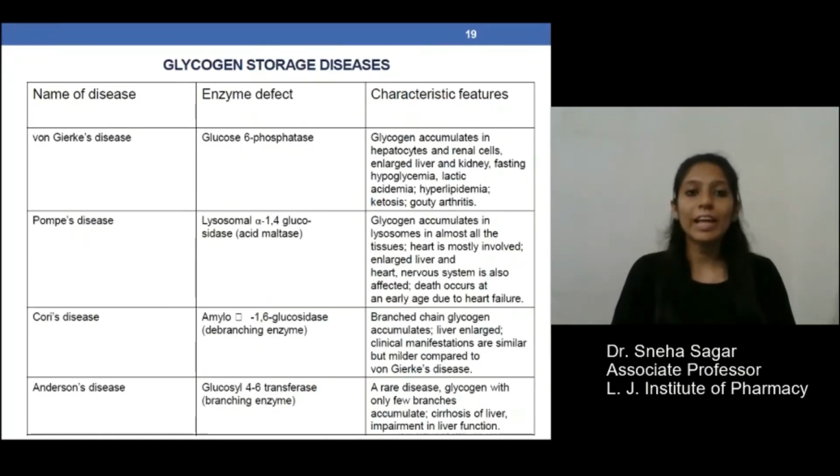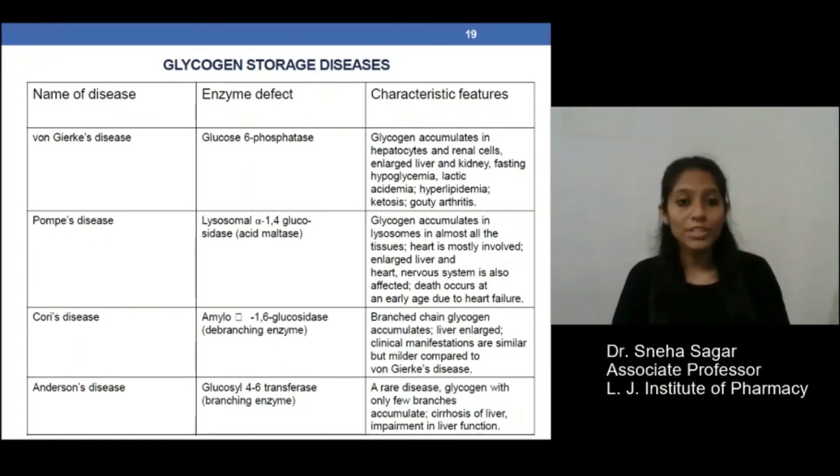So these are the glycogen storage diseases that occur because of defects in some enzymes involved in glycogenesis or glycogenolysis, like von Gierke disease. It occurs because of the glucose 6-phosphatase enzyme defect, and it can cause lactic acidemia as well as hypoglycemia. Then we have Pompe disease.